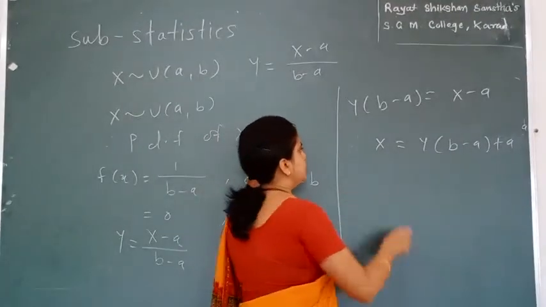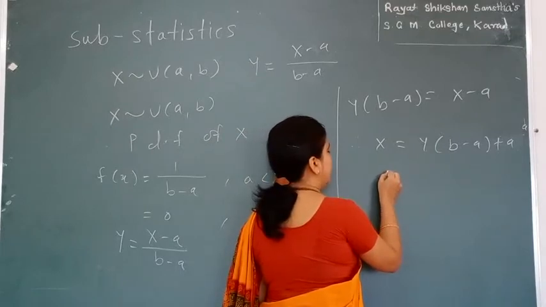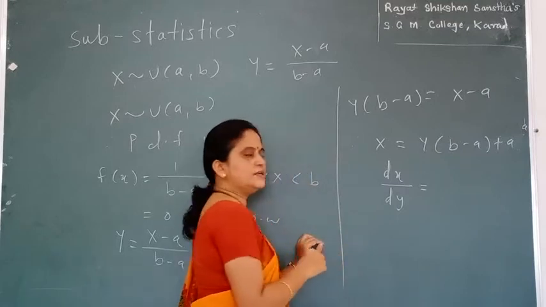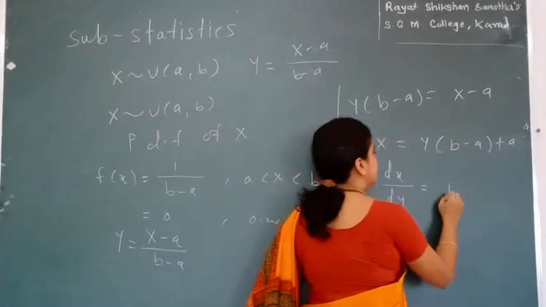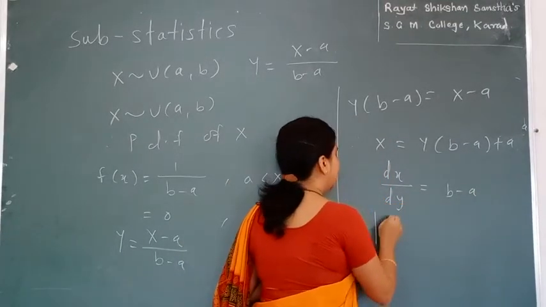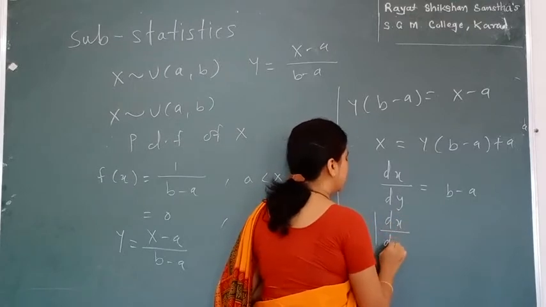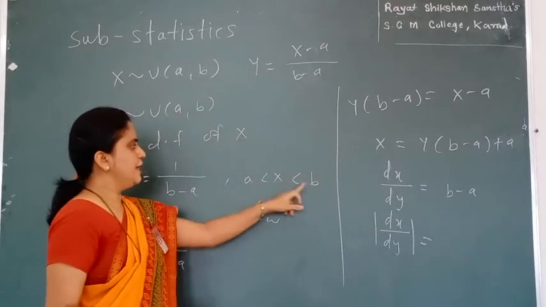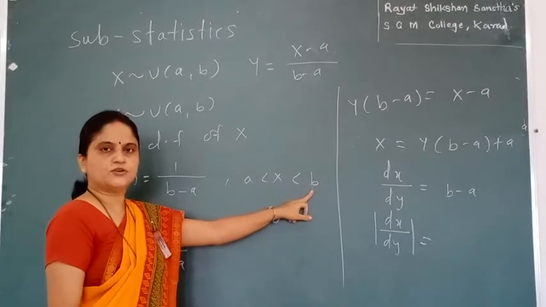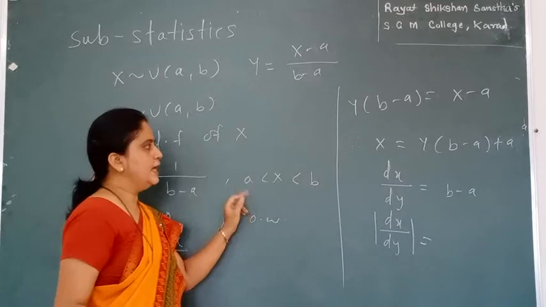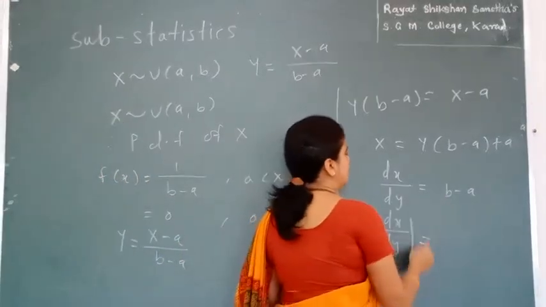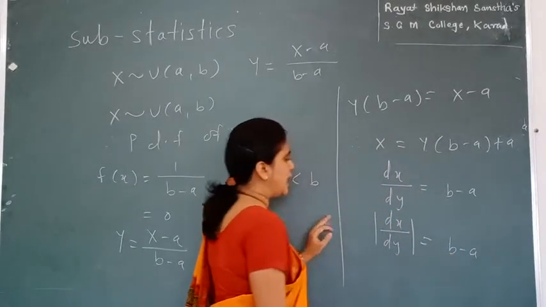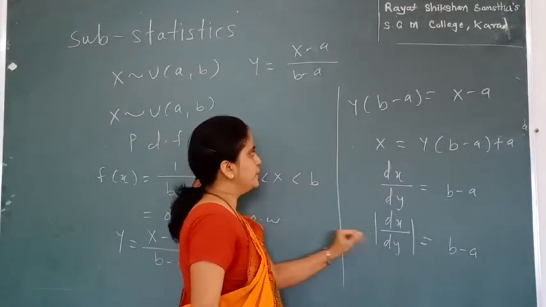Now the next step is I need to find the value of dx divided by dy, and hence dx by dy is b minus a, and I need to find not only dx by dy but the modulus of dx by dy. Over here, since the range of x is between a to b, that means the value of b is always greater than the value of a, hence this term comes as positive only, hence we have b minus a as modulus of dx by dy.